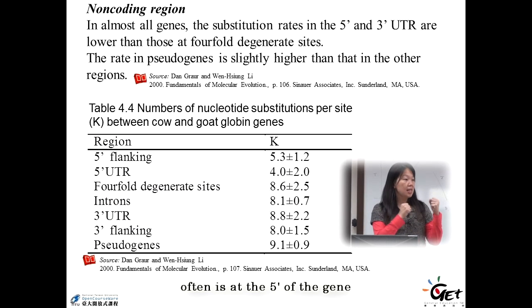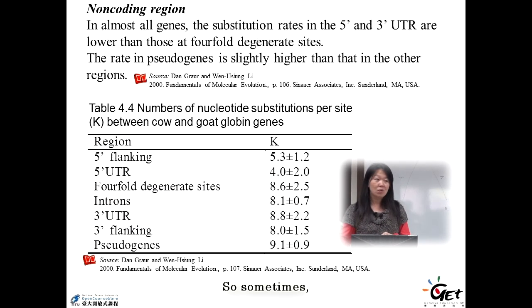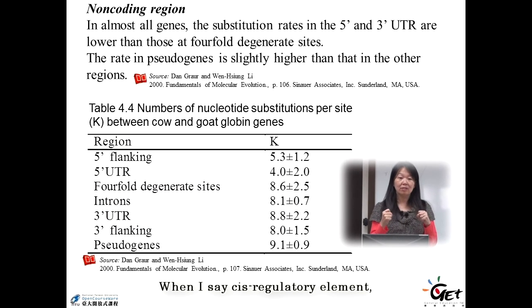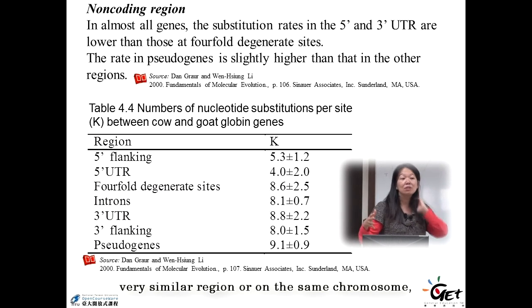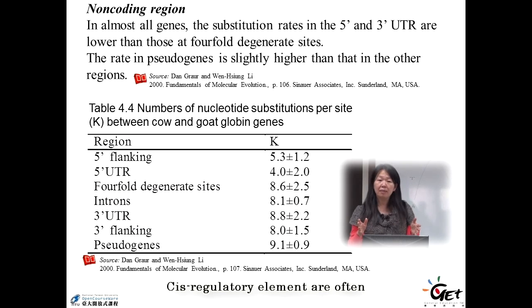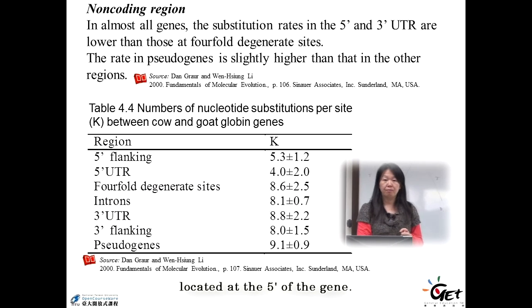often is at the 5' of the gene. It doesn't mean the 3' is not important. When we say cis-regulatory element, it is at the surrounding region, very close, or on the same chromosome. Some people use that too. But cis-regulatory elements are often located at the 5' of the gene.